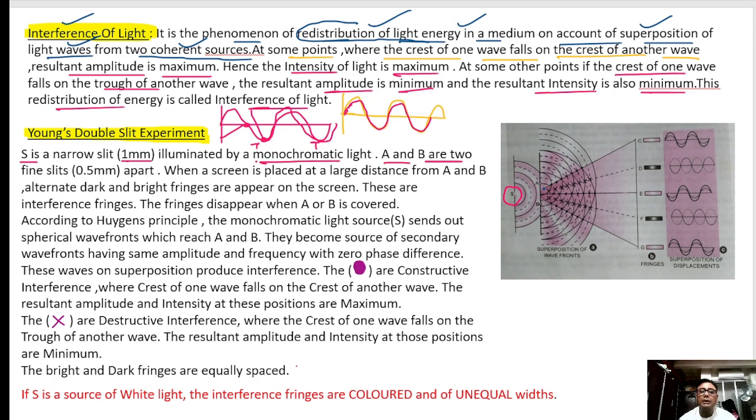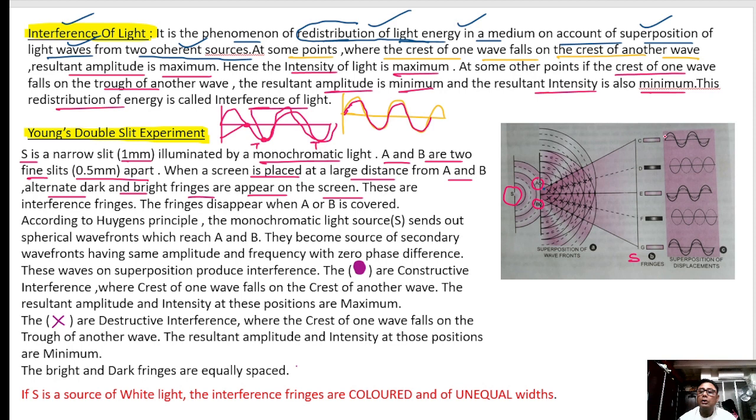A and B are two fine slits of 0.5 millimeter. This is A, 0.5 millimeter wide, B 0.5 millimeter wide. When a screen is placed at a large distance from A and B, alternate dark and bright fringes appear on the screen.